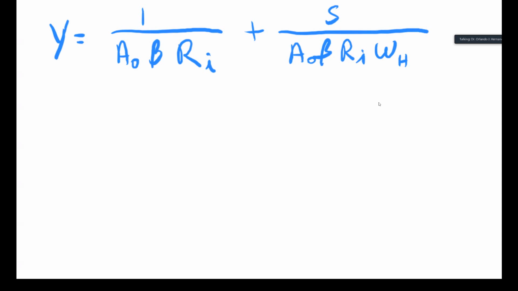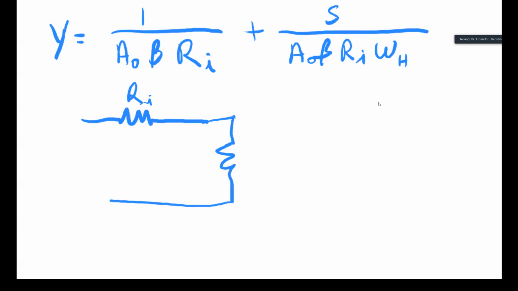We clearly can see that if we substitute S for j omega, that circuit will look like the input resistance over here, in parallel with a complex admittance over here, which is capacitive in nature.